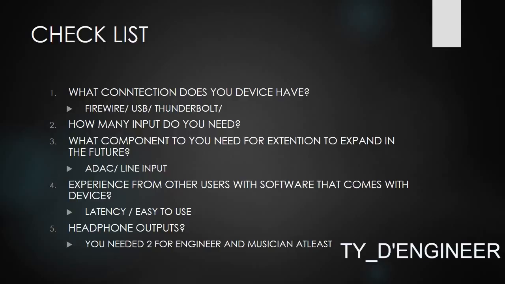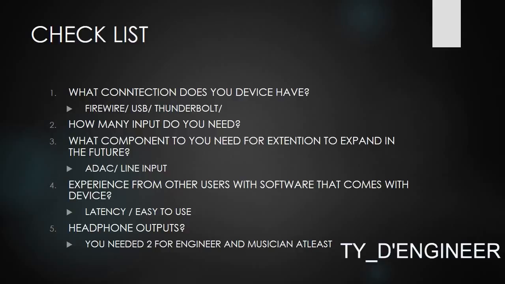Final one is headphone outputs. Now, this is vital, if not one of the most important questions you should ask, because usually, if you're recording someone, you'll have the engineer and the musician at least. So you would need at least two headphone outputs.